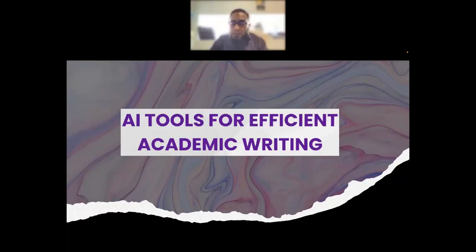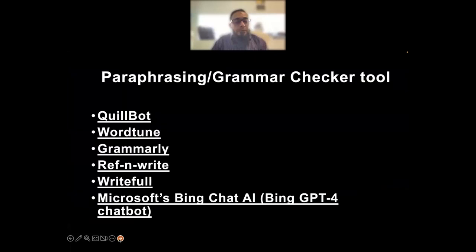So let's go for an example. Some of you may be aware of these tools, or some not. The first tool, which is generally used for paraphrasing and grammar checking, is Quillbot, right?